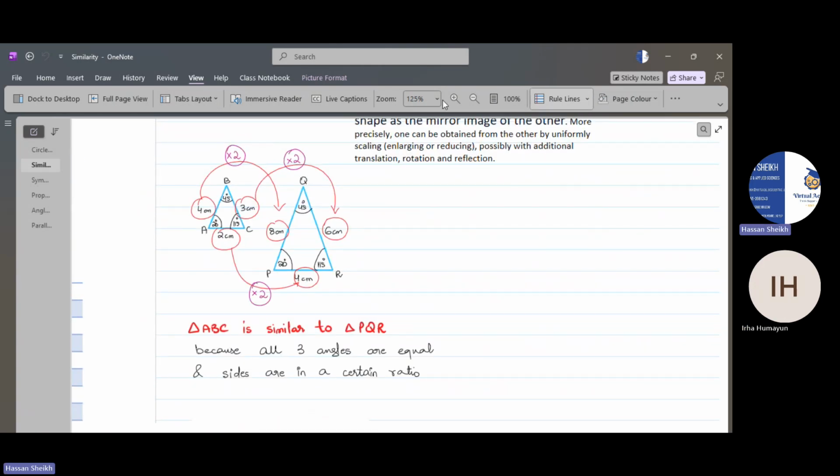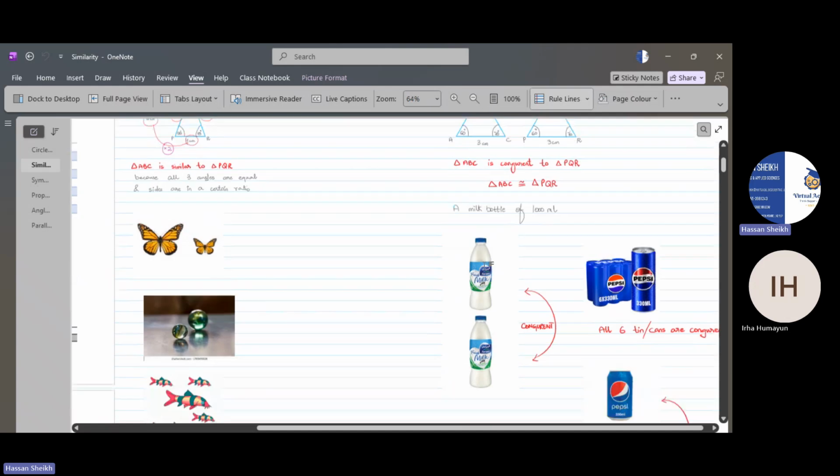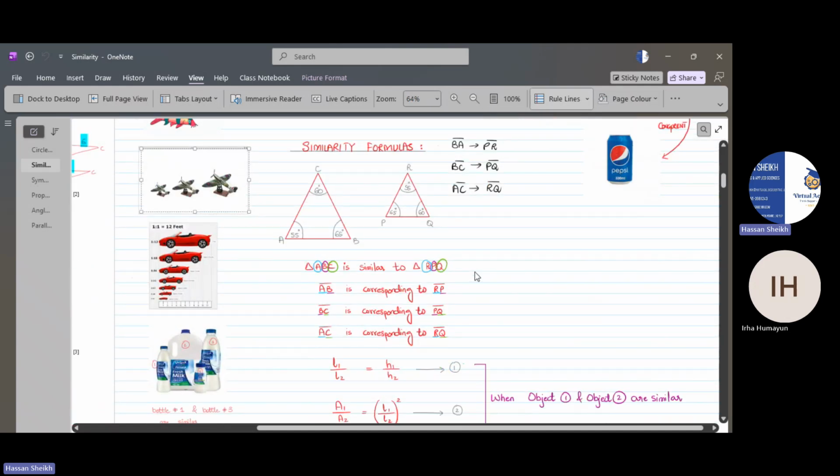Now, remember that we said corresponding sides. What does corresponding sides mean? Do you have any idea about the corresponding word or the corresponding sides?